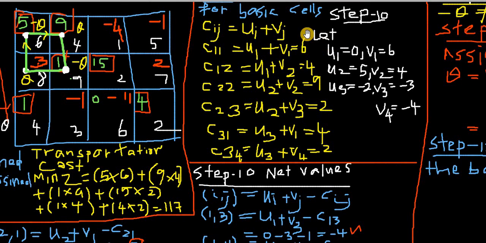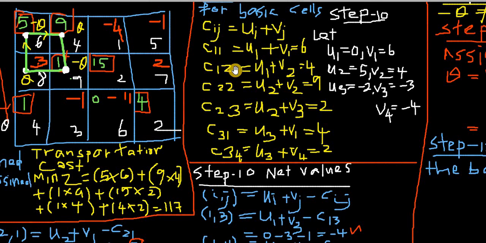Okay, so we have to find the fixed cost for the basic cells here. This is one basic cell, this is another basic cell, and so on. For all those basic cells, we have to calculate this. C11 is a basic cell, which equals U1 plus V1 equals 6.